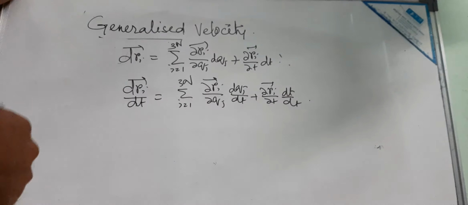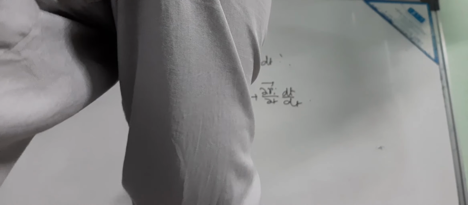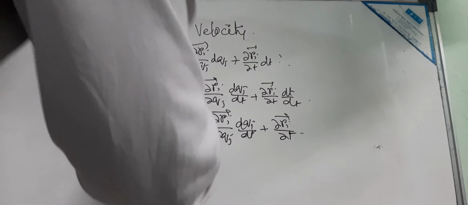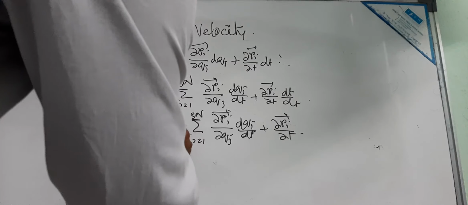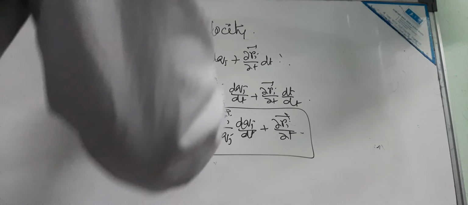This is ri dot, the expression for the generalized velocity.